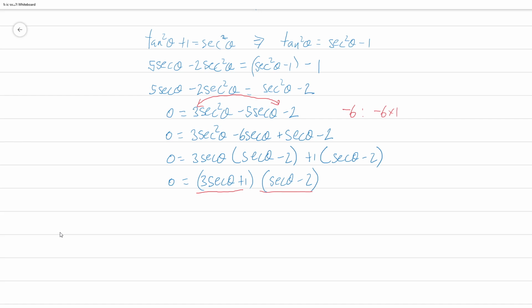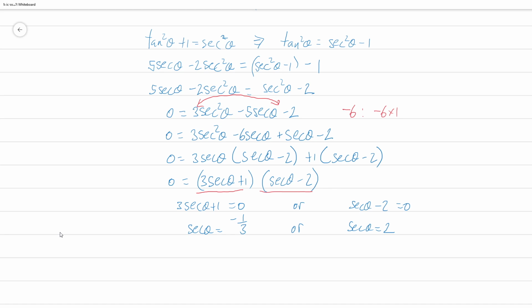So we could say 3 sec theta plus 1 is equal to 0, or sec theta minus 2 is equal to 0. This would leave me with sec theta is minus a third, or sec theta is 2.